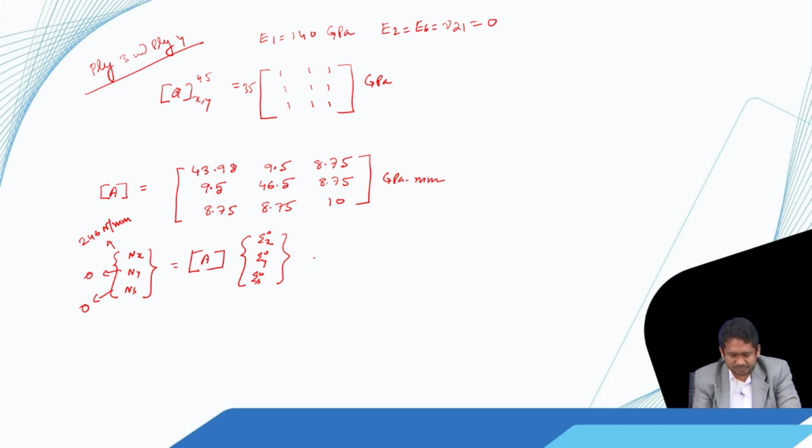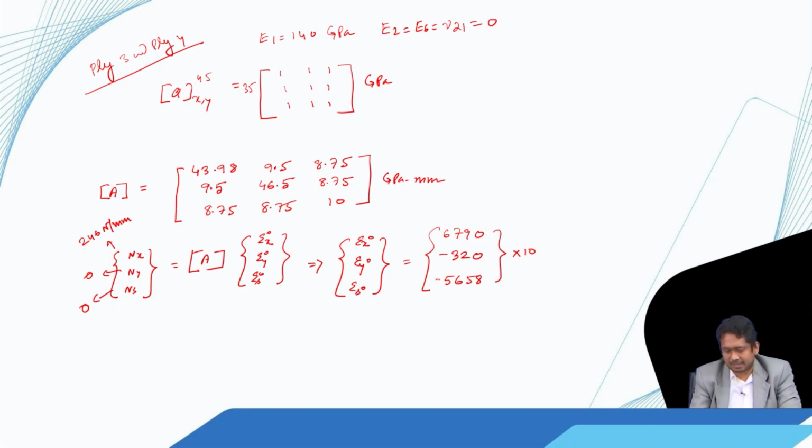So, with this the strains are found out to be 6790, minus 320, minus 5658 multiplied by 10 to the power minus 6.